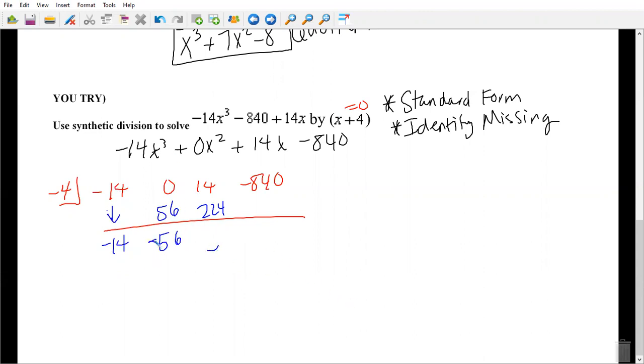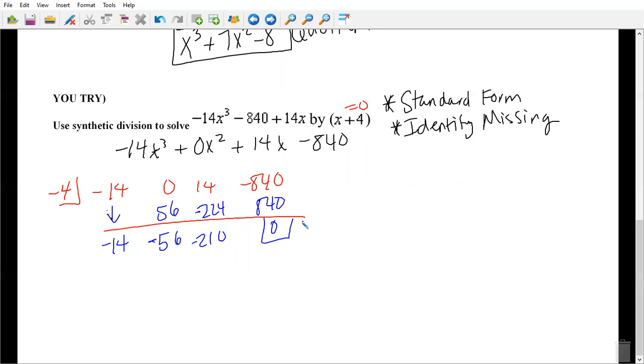It's negative 56 and negative 224, which is negative 210. And negative 4 times negative 210 is positive 840. So you end up with 0.